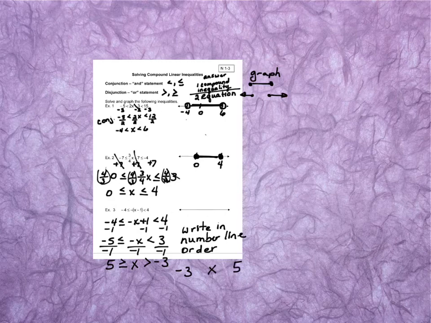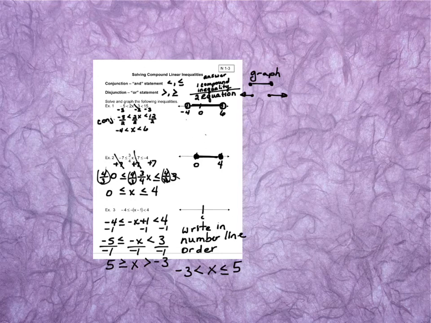Now you have to be sure that you get your signs right when you rewrite it. Between the X and the -3, the sign is pointing to the -3, so we have to point it to the -3. And between the X and the 5, it's pointing towards the X, so we're going to rewrite the symbol that's there pointing towards the X. So we have negative 3 is less than x, which is less than or equal to 5.